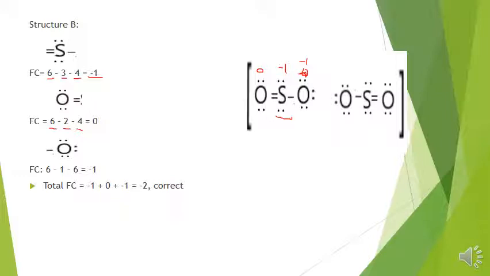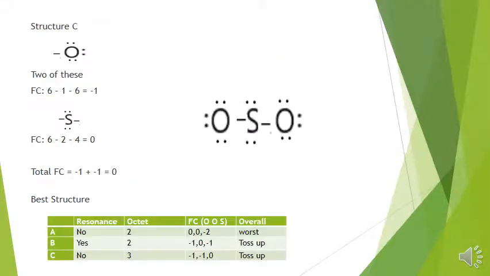And this structure here has the same formal charge. Okay, structure C has 2 of these and 1 of these. So for 1 bond and 3 lone pairs, it's 6 -1 -6 dots equals -1.